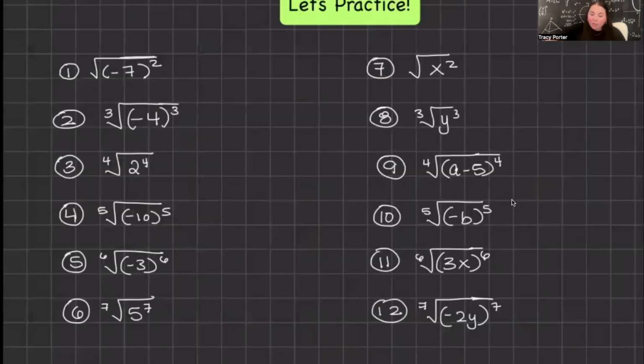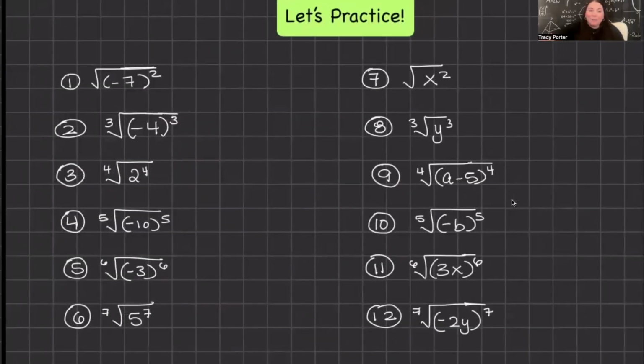So if we wanted to do some practice and fill in some of these values, let's go straight down the left column. And like we just said, if your power and your root are even, it's going to be the absolute value of the given number. So this is going to be a square root. So this should be the absolute value of minus 7, which is 7. This one would just be -4 itself.